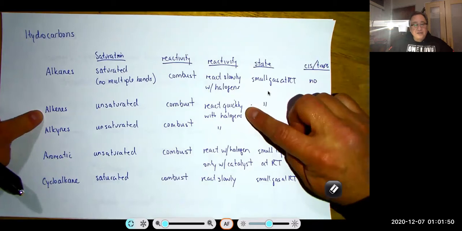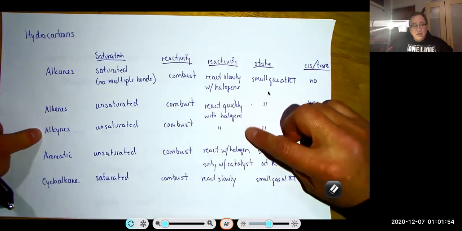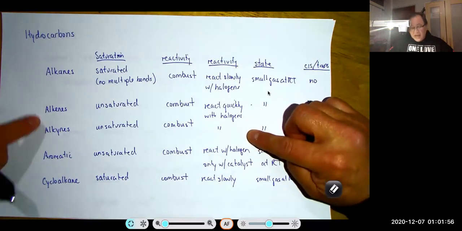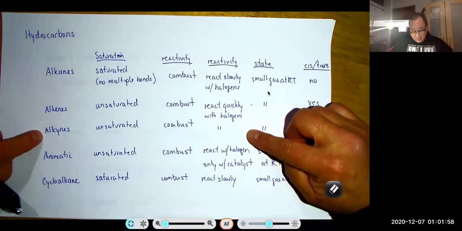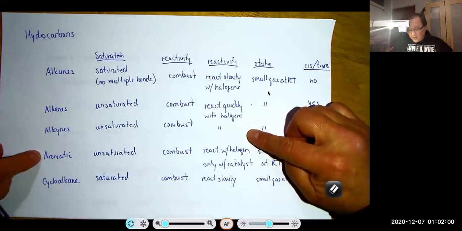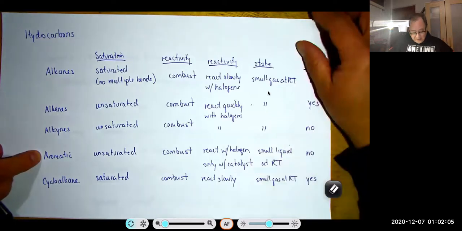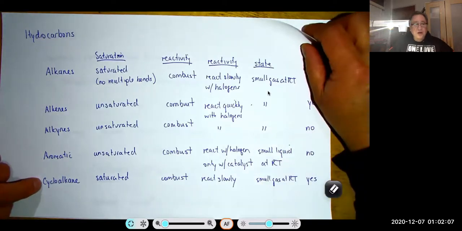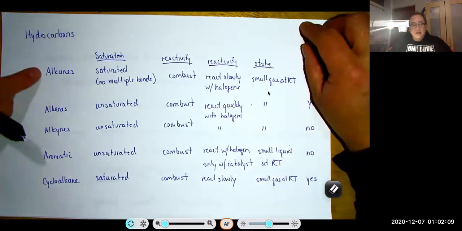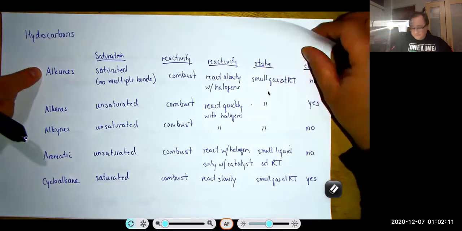Alkenes react with halogens very quickly, and it does not require light. Alkynes are like alkenes. They react with halogens very quickly and do not require light. Aromatics do react with halogens, but only with a catalyst. And finally, cycloalkanes are just like alkanes. They react with halogens, but very slowly.